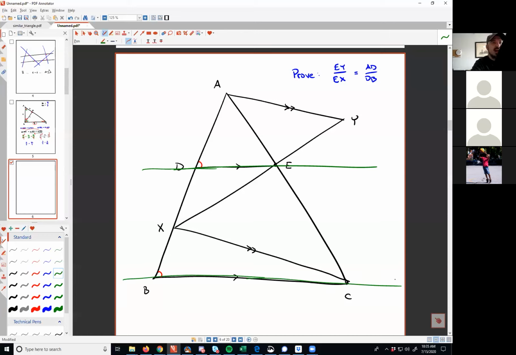Sometimes it helps me to highlight parallel lines. Is AED the same as ECB? Good. Yeah. Nicely done. Harshita, can you identify a pair of parallel lines?